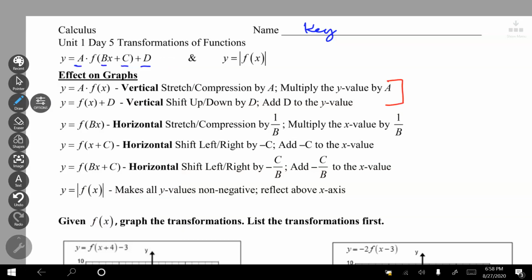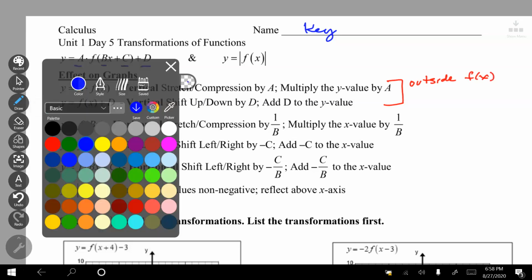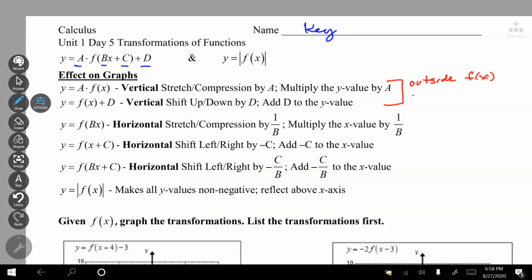So these two are outside of f of x, which means they affect output or y values.